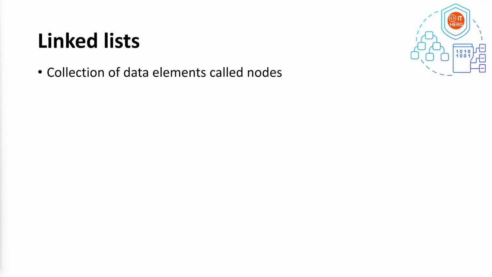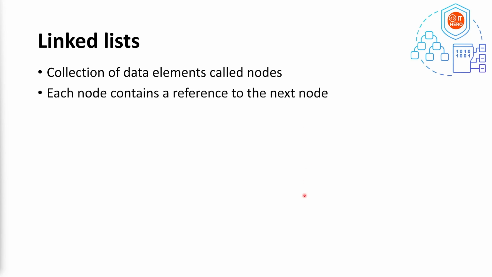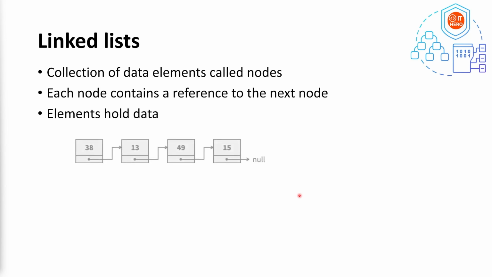Next, we're going to talk about another common data structure. We will talk about linked lists. Linked lists are a collection of data elements which we call nodes. Each node contains a reference to the next node, and the elements also hold data.